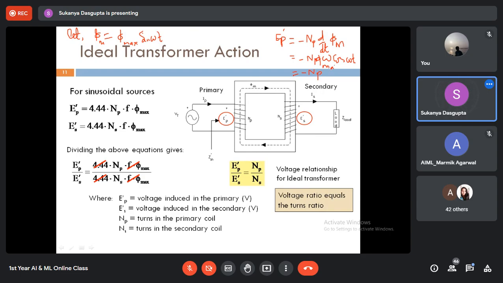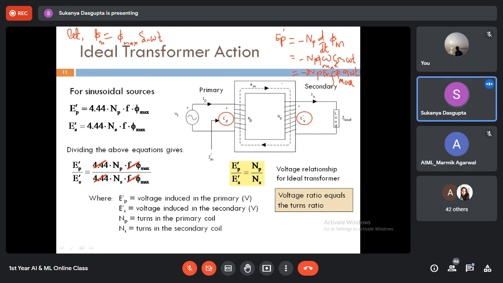So it is 2 pi f Np phi max into cos omega t, or it can be further written as sine of omega t minus pi by 2, or sine of omega t plus pi by 2, right?